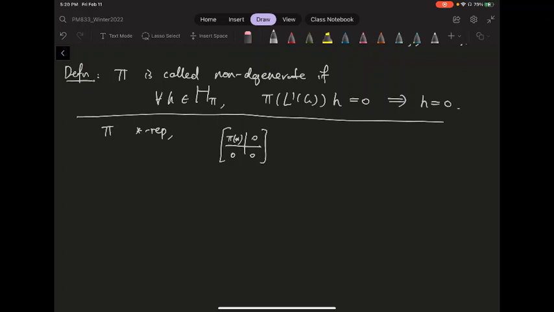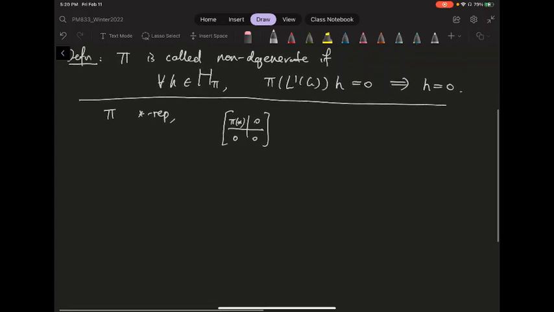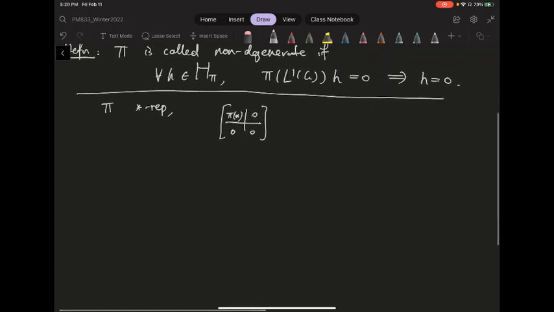But because it's the L1 space, you can't really just say it's a representation by some unitaries, for example. So you can plug in a bunch of zero space and it's still a valid star representation. It's just these zeros are kind of annoying and we don't like them. So let's call them non-degenerate if we can't find these zeros. We only care about the non-zero part.